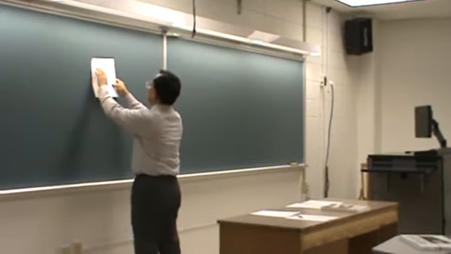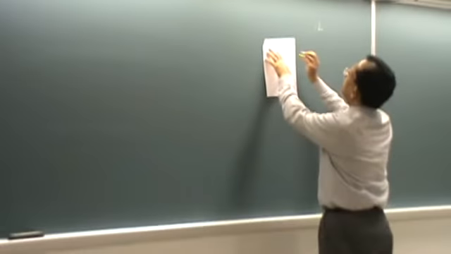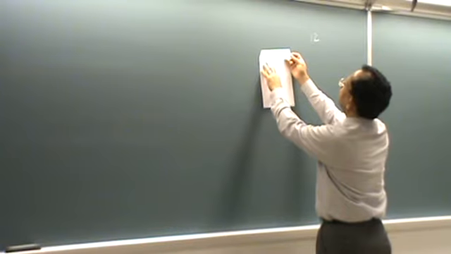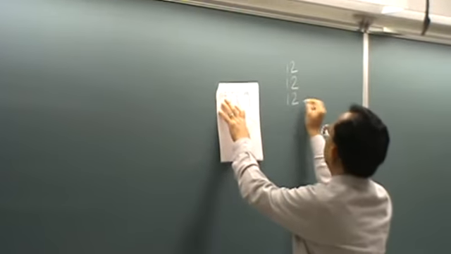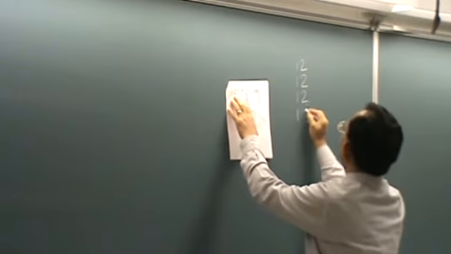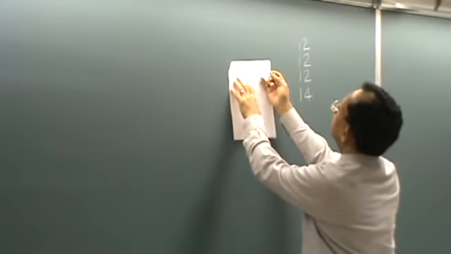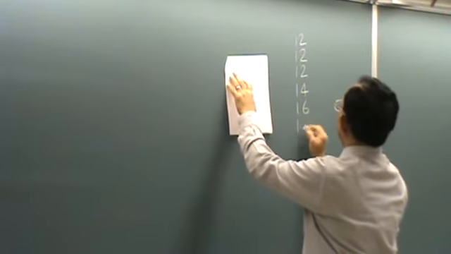So this is what we do. It starts with 12. How many 12s we have? 1, 2, 3. Next one is 14. Next one is 16. How many 16? 4. 4 16s.